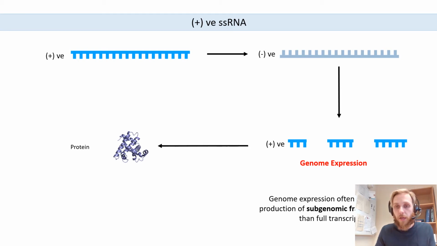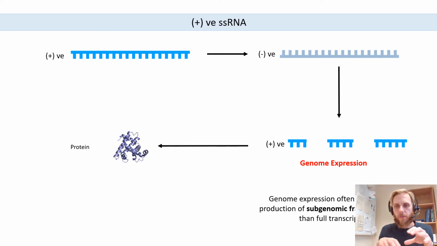What I want to do now is look at some of the positive sense single-stranded RNA viruses in which genome expression and genome replication are different processes, and we're going to look at why they're different. Essentially, the difference is to have a switch between the two, so it enables the virus to switch from one to the other, and we'll see what I mean by that in a second.